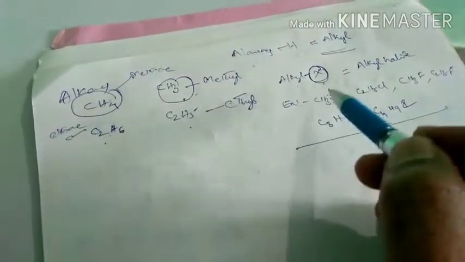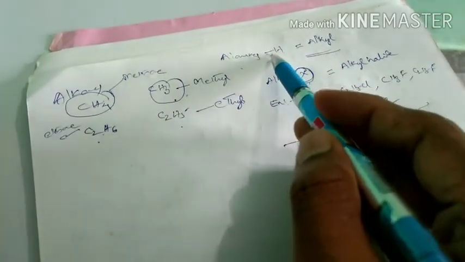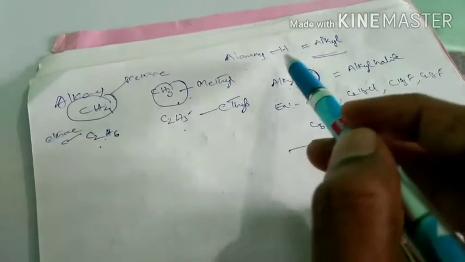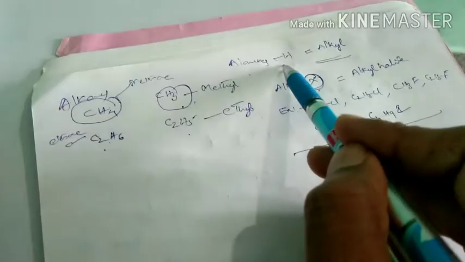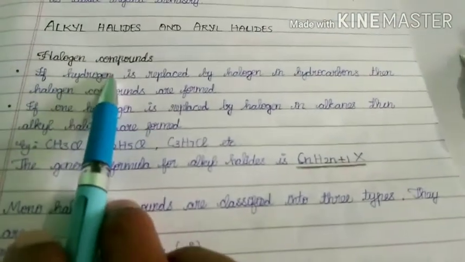Now these alkyl halides, how are they formed? If one hydrogen from alkanes is replaced by halogen, then alkyl halides will be formed. See, all these are halogen compounds.